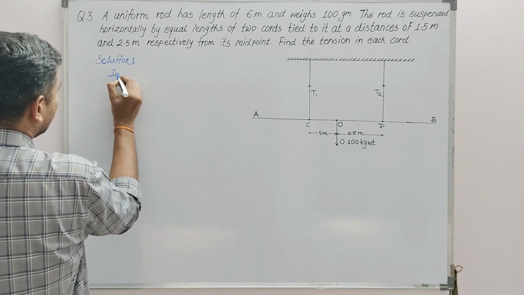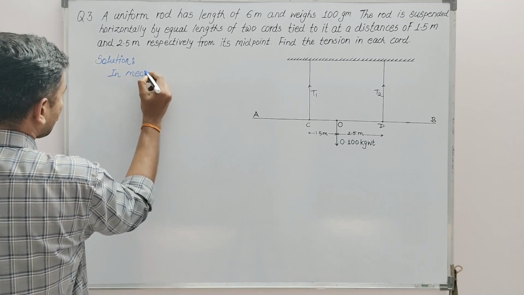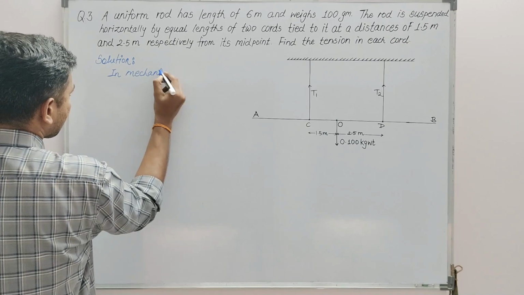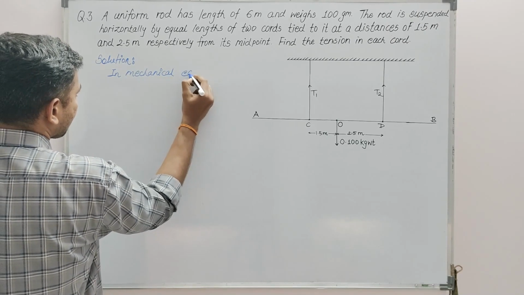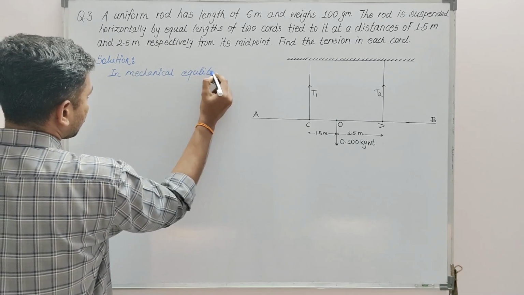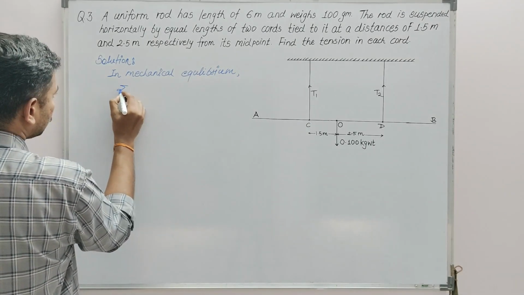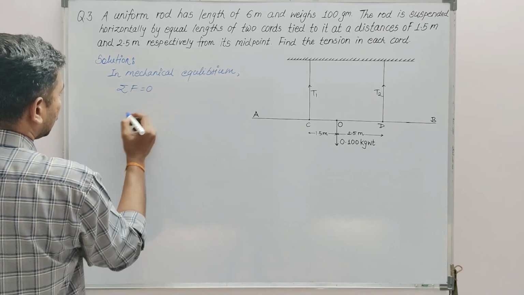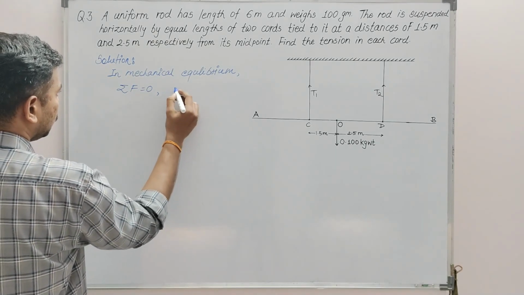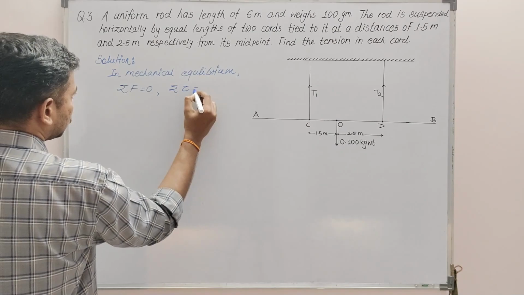So in mechanical equilibrium, the total force acting on the system is 0. So we can write summation of force is 0, and the total torque acting on the system is 0.